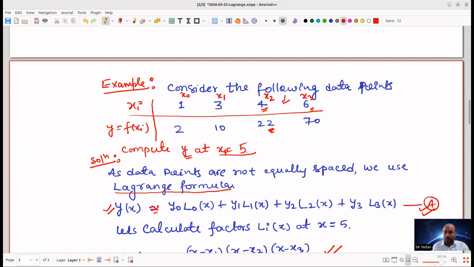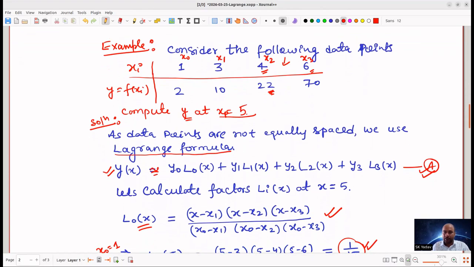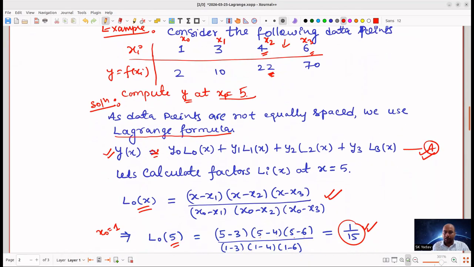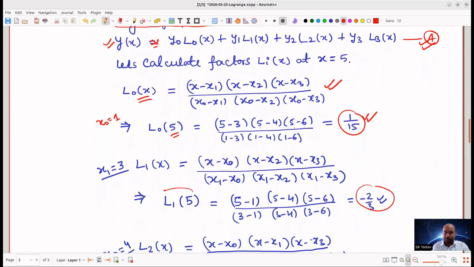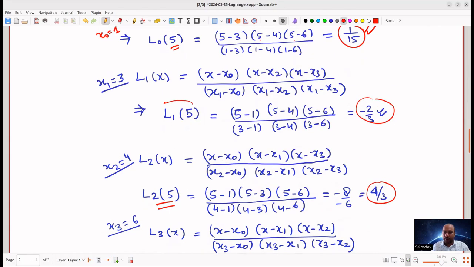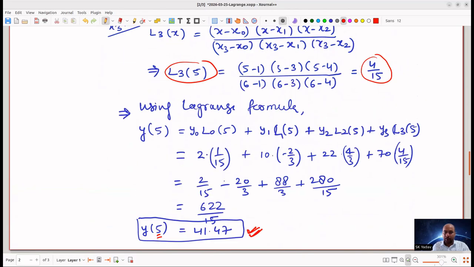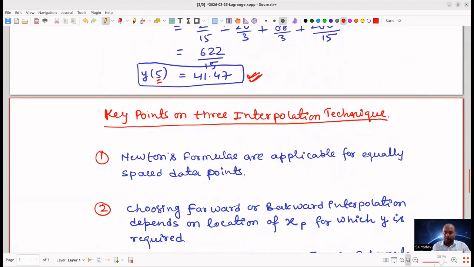If your value is lying outside this range, this means you have done a mistake either in final calculation or in calculating Lagrange factors. So as I said, this is very computational even for the 4 or 5 data points. So be careful in calculation, particularly the sign and denominator values. So this is how we can apply the Lagrange interpolation formula.